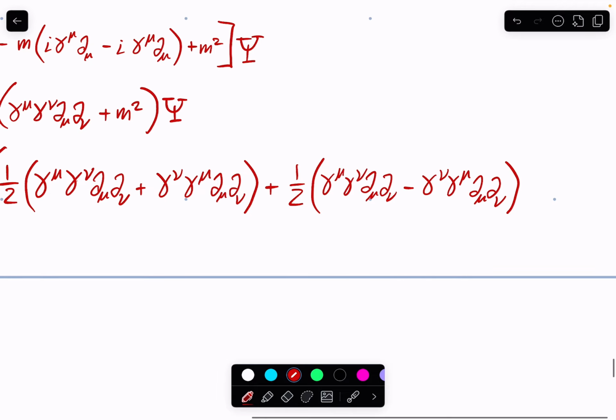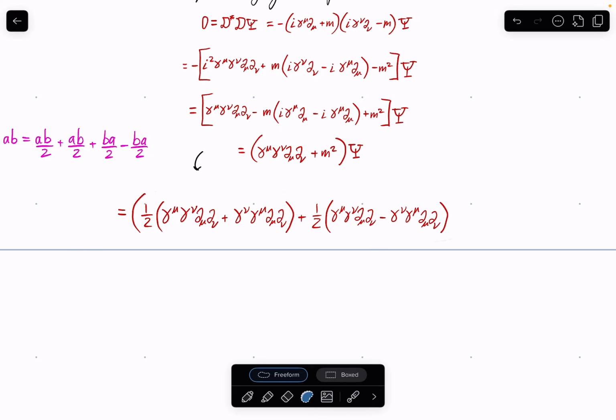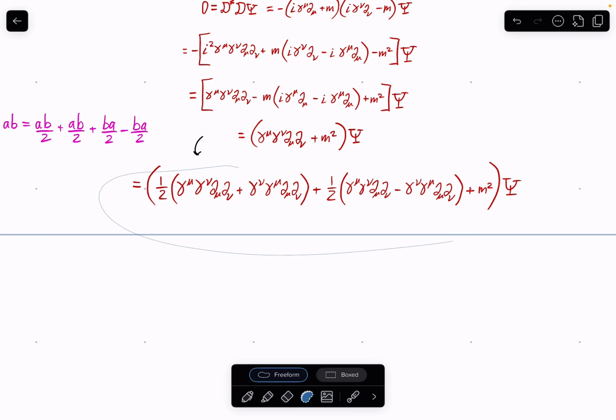Okay. This is quite a long thing. Then plus m squared, all of this times capital Psi.